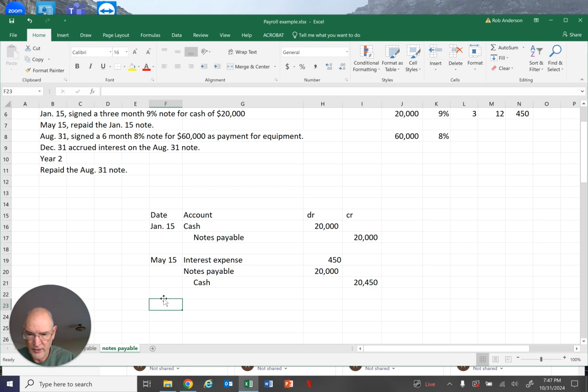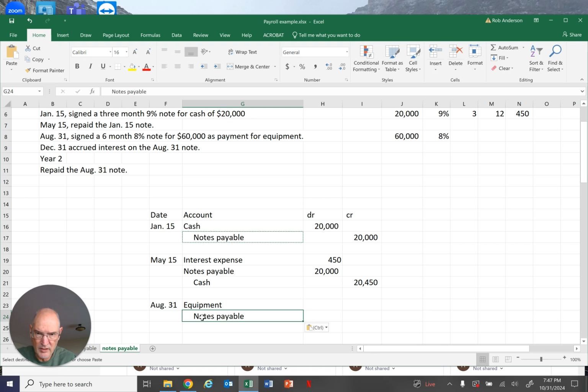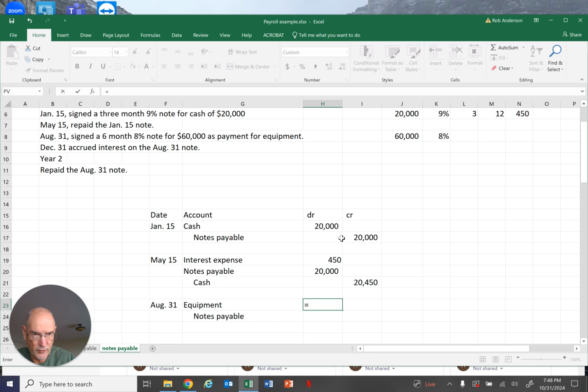So August 31, and we have a debit to equipment and a credit to notes payable, and of course that's for $60,000.